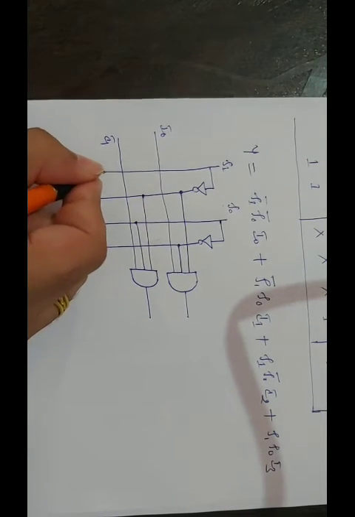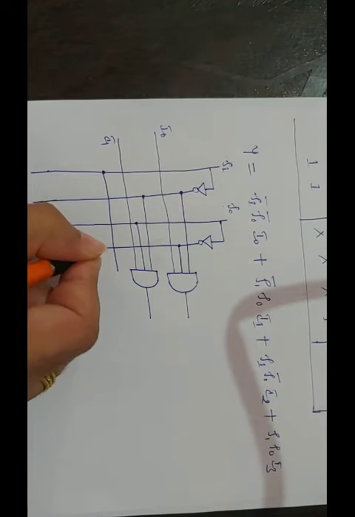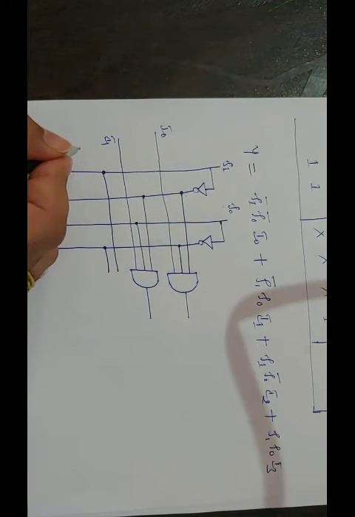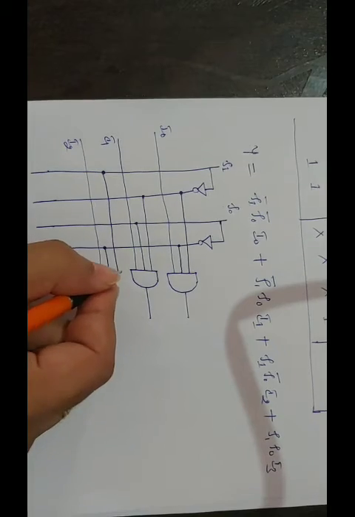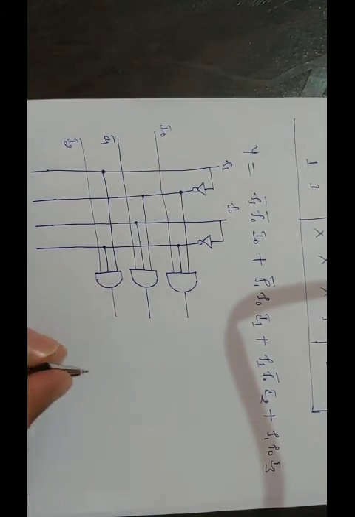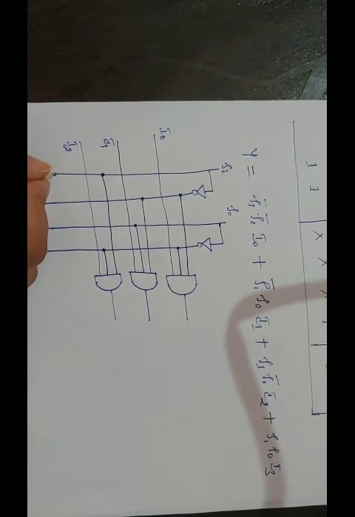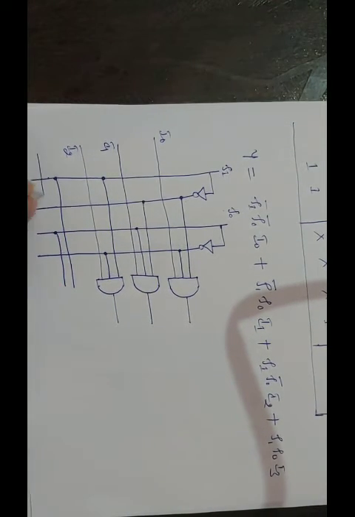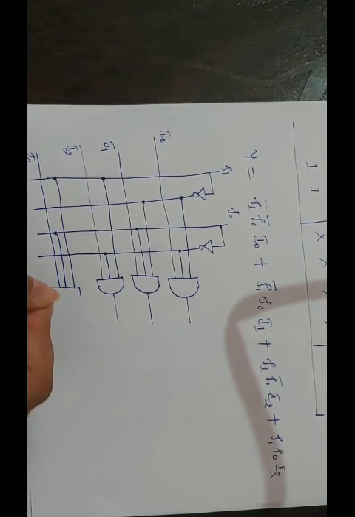Similarly it is S1, S0 bar, so put one thick dot, then connect, then I need I2, then use one AND gate, then S1, S0 then I3, so use one more AND gate.